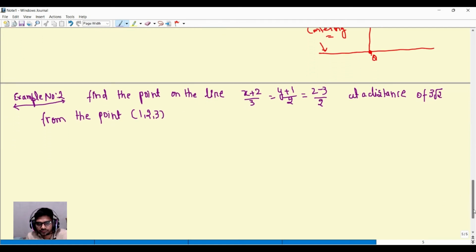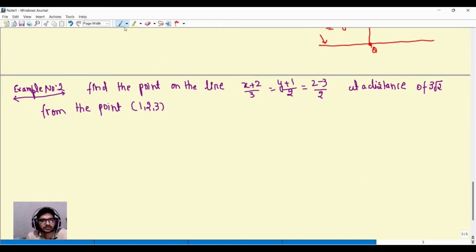First we note down the information given. The line is (x + 2)/3 = (y + 1)/2 = (z - 3)/2. The point P is this.